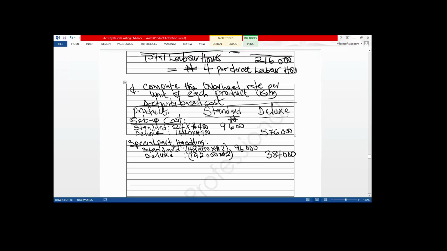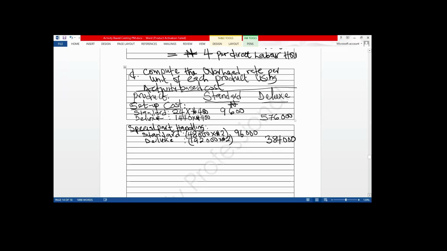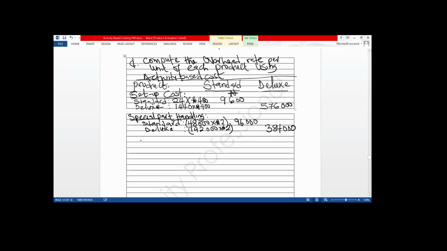We have customer invoicing cost. What is the cost driver rate here, please? 400 naira per invoice.